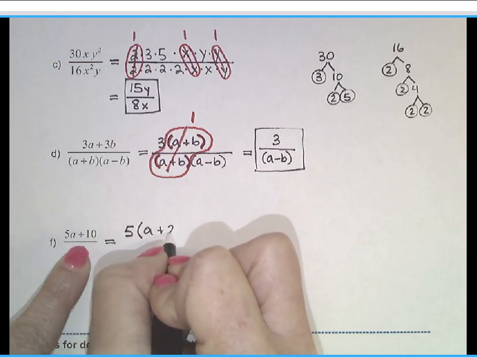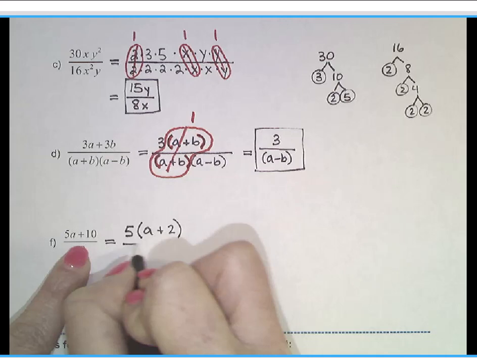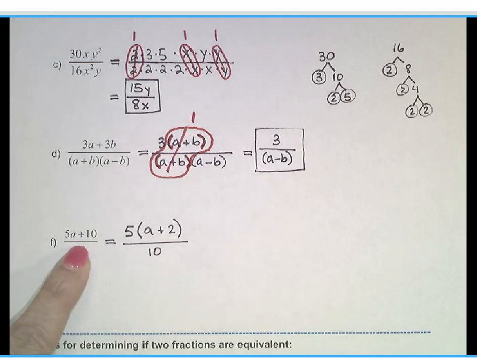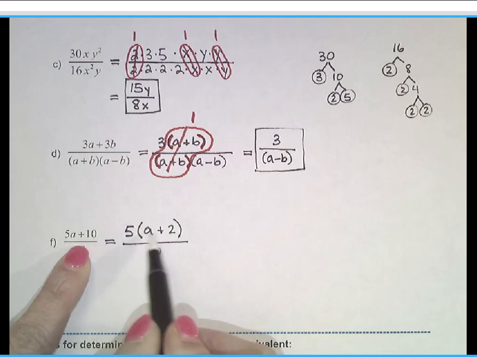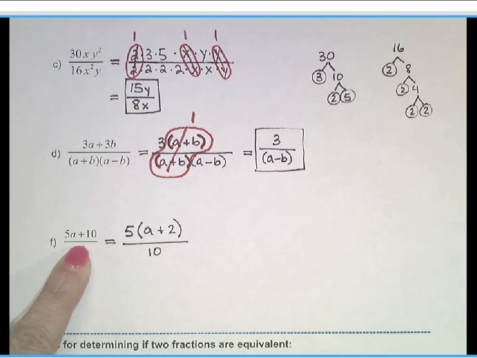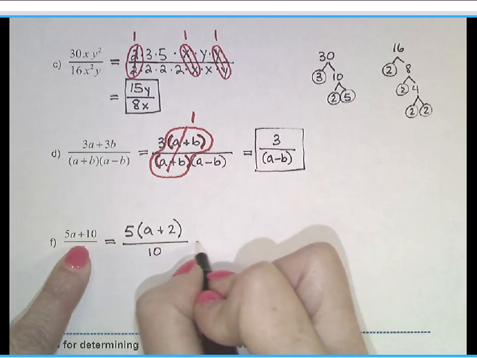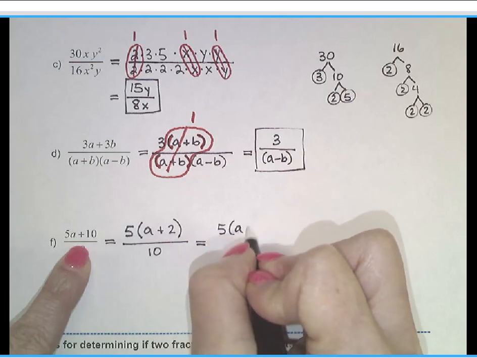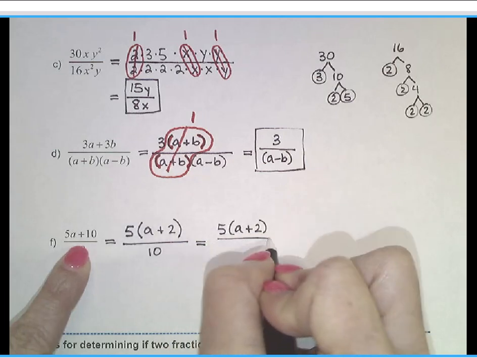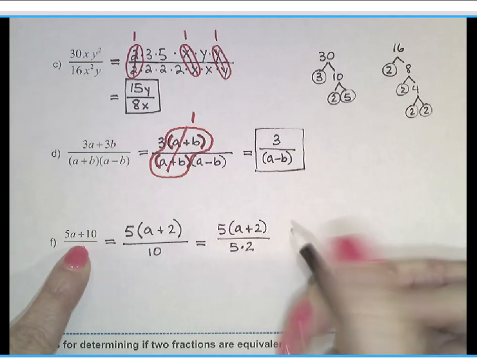So I am undistributing the 5. See, if you distribute it back in there, you get a 5a plus 10. I'm just taking that 5 out. Now, underneath, I'm going to write the 10 as 5 times 2, or 2 times 5, either way.